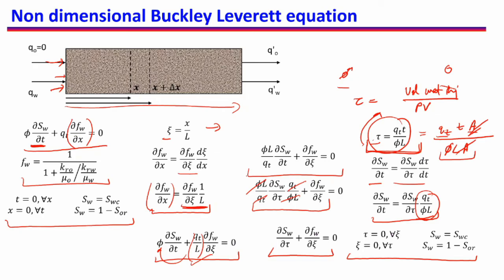So initially the water is at connate water saturation. For all tau greater than 0, at xi equal to 0, SW is equal to 1 minus SOR, which we have discussed in the previous slide.